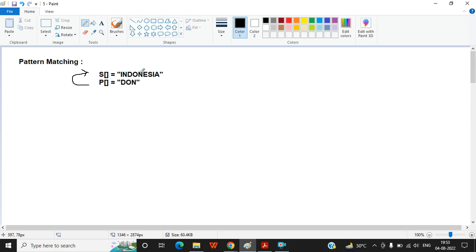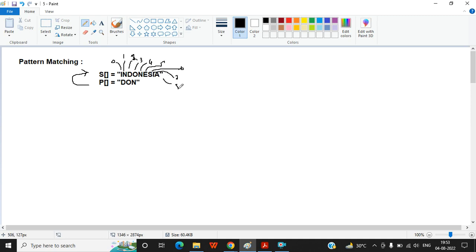So we have to find the position. What is the position? The first position is 0, the second position is 1, the third one is 2, then 3. It's like an array, it's basically an array. 4, 5, 6, 7 and 8.